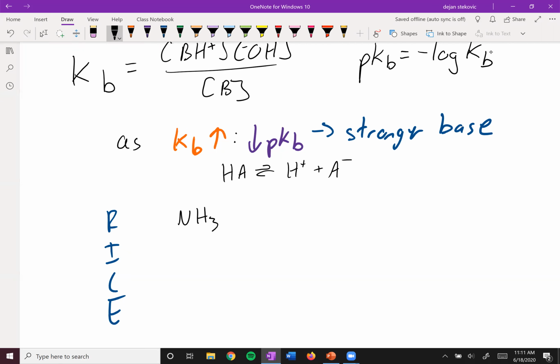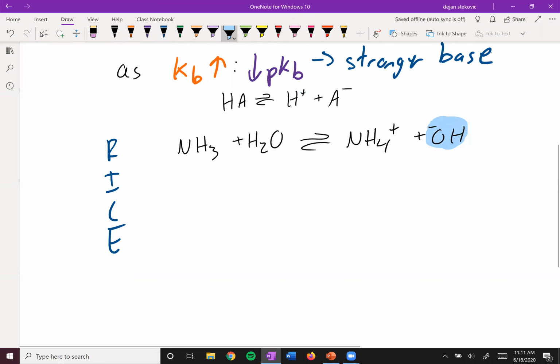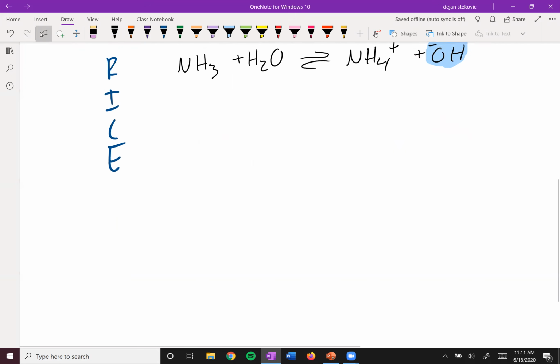We have NH3, ammonia is a weak base. And so if you don't include water, it gets very confusing as to how this is gonna react. So you need to include water, right? It's gonna steal a proton from the water, so it'll be NH4 plus hydroxide, right? And so there's your concentration of hydroxide, which you can then use to find Kb and whatnot.